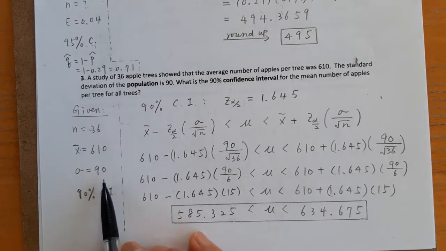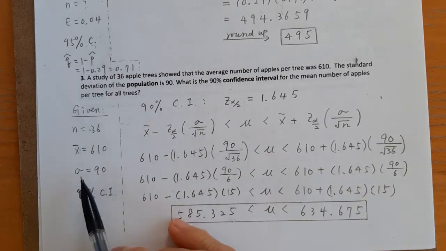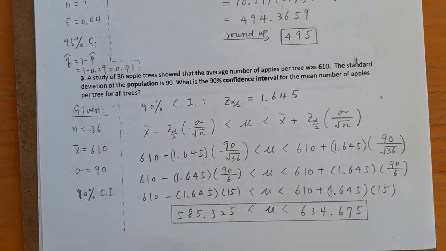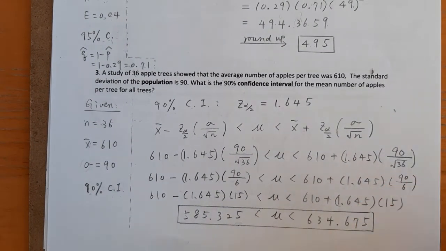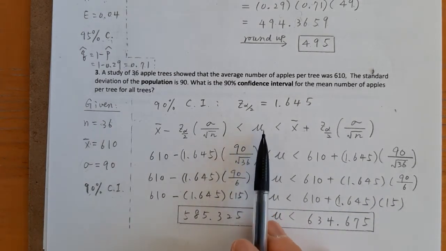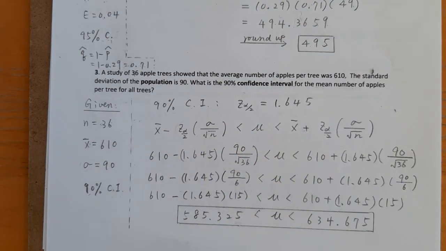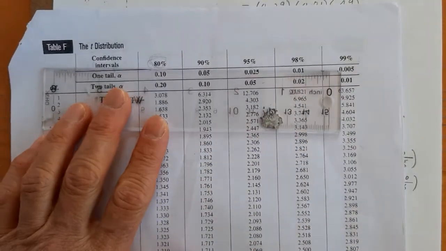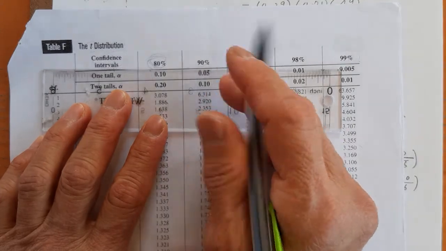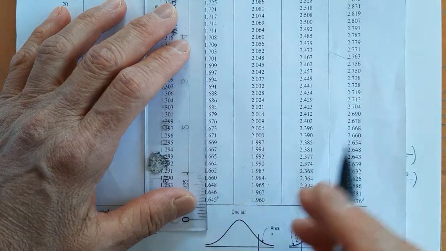For the 90% confidence interval, since sigma, the standard deviation, is given, use the Z-score and the confidence interval for the mean formula. For the Z score, look at the 90% confidence interval and go down to the bottom row.